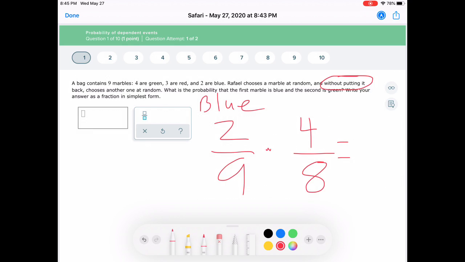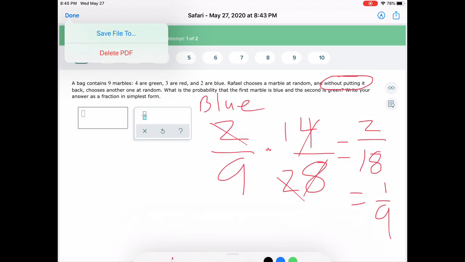We could simplify this to 1/2 to make the multiplication easier, so we would get 2 out of 18, which is 1/9. So there is a 1/9 probability that the first marble will be blue and the second marble will be green.